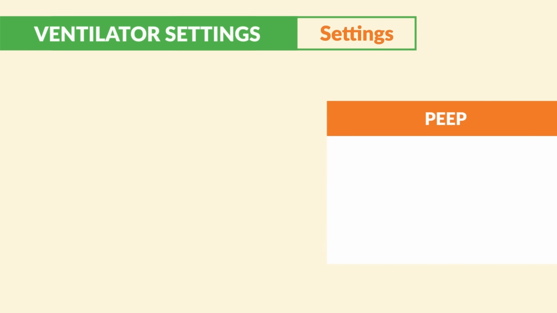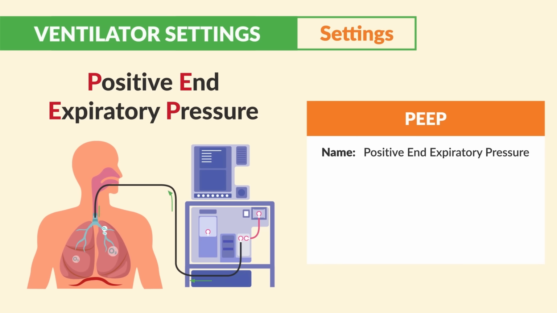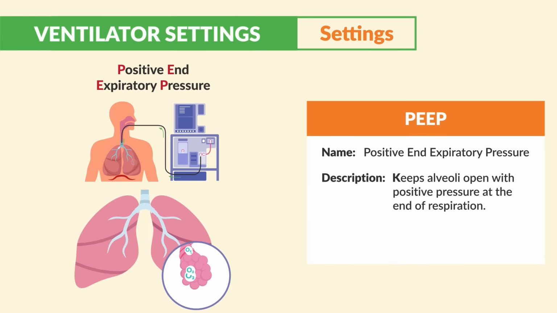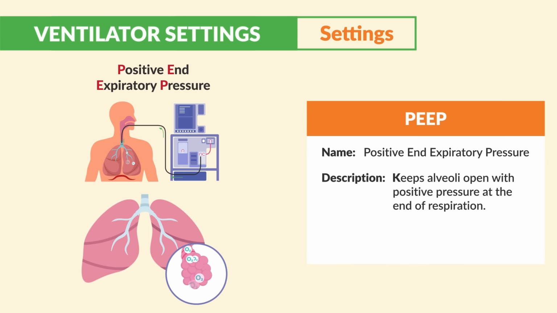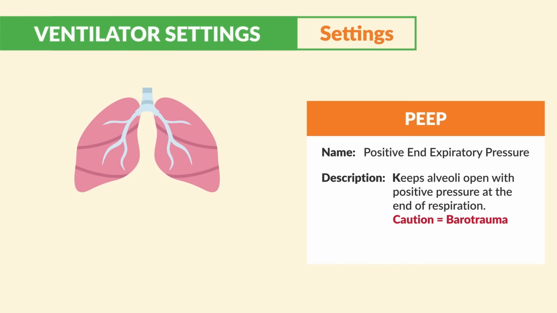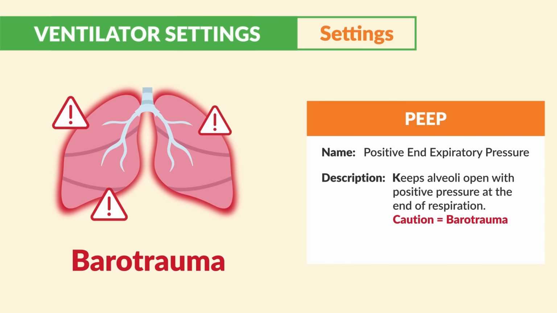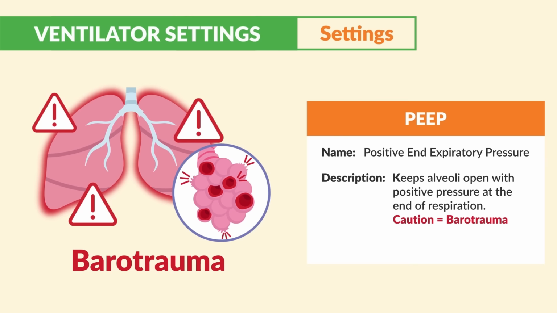Next up is our PEEP, positive end expiratory pressure. I would really focus on this one because a lot of complications, really the most deadly complications, come from this setting. It keeps the alveoli open with positive pressure at the end of the respiration. And a huge caution is barotrauma, which eventually can even lead to a popped lung, that pneumothorax.